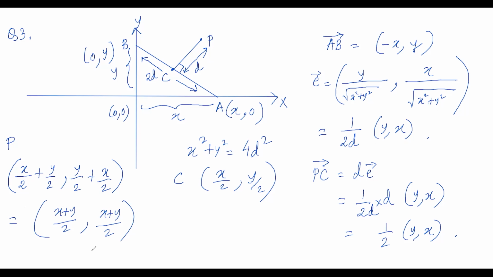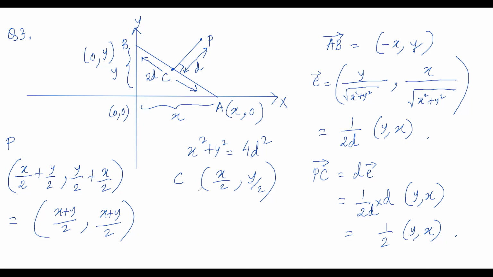And so from these coordinates of P, we can say that the point is lying on the line y equals x. And since the point P is lying on the line y equals x, that means its locus will be a straight line. But again, it's not covering the whole of the line y equals x, only a part of it.